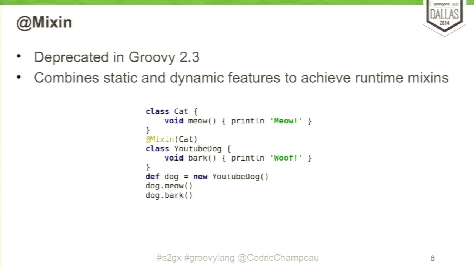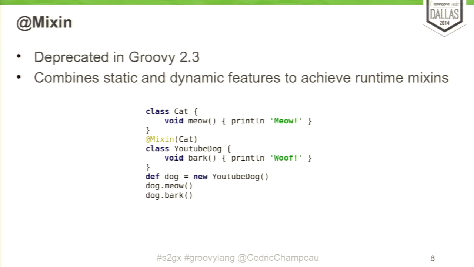So I'm going to show you how you can do that. But basically, the idea was that you can have a class, which is a cat, and another class, which is totally different. I mean, a YouTube dog. A dog will bark, I won't do the sound, excuse me.